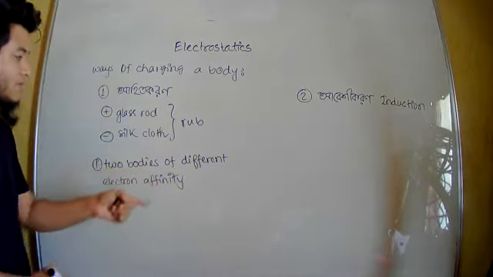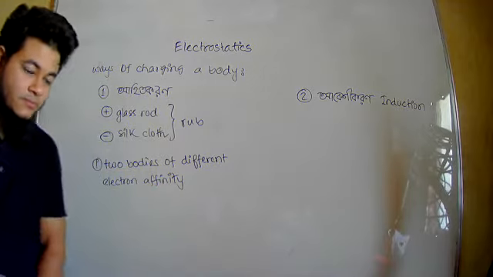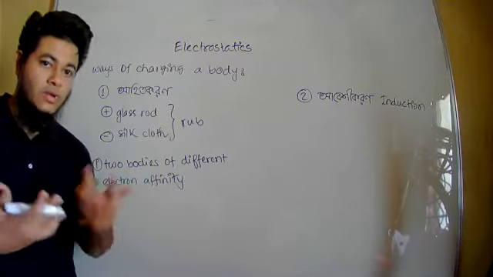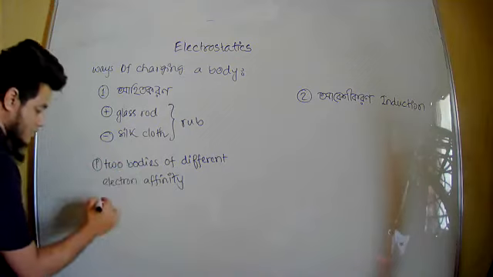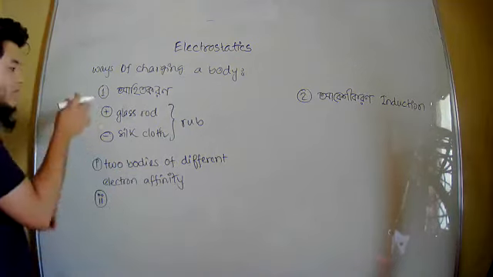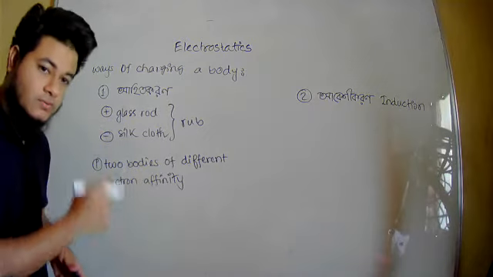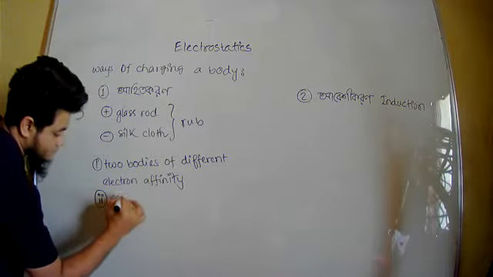If the electron affinity is same for both of them, then there will be no electron transfer, right? Because both of them are equal. No one is stronger than the other one. So there must be a difference in the electron affinity, then one will be able to take the electron from the other. Okay. Then number two, contact.